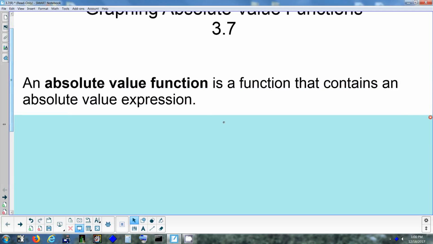Okay, so how do you know if what you're looking at is an absolute value function? Well, basically, if it has the bars in it. If it has the bars in it, that's called an absolute value expression.